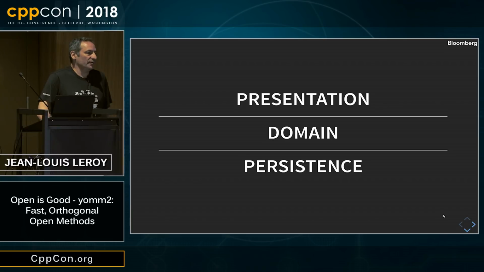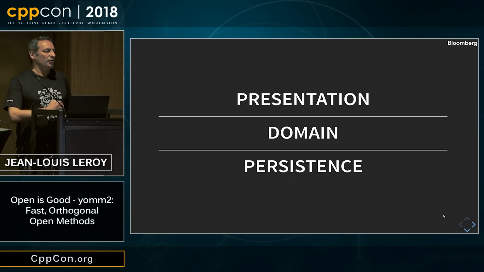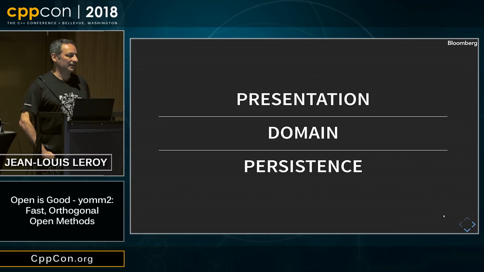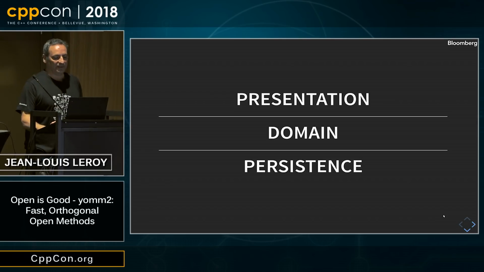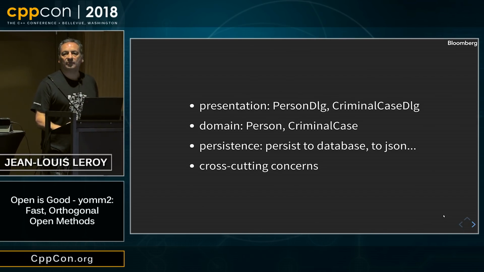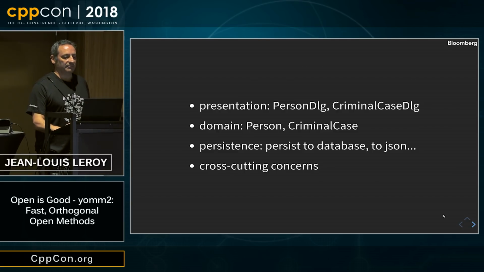And that's how you sometimes end up putting virtual functions in the domain class that return, I don't know, a widget or a dialog. I've done that at one point. It's ugly. So actually, the expression problem is quite a common problem.